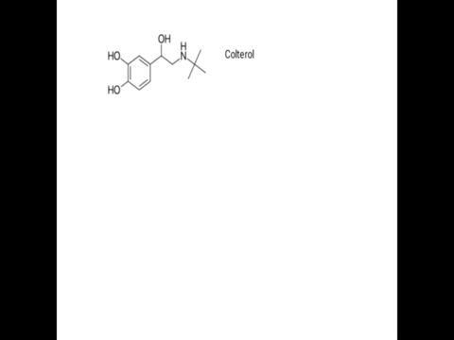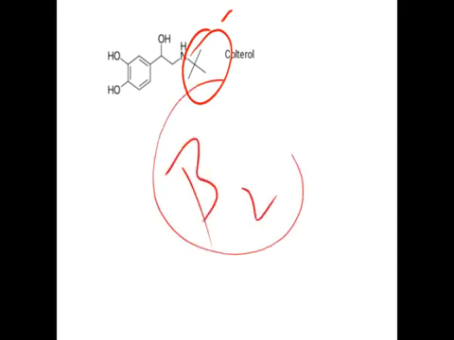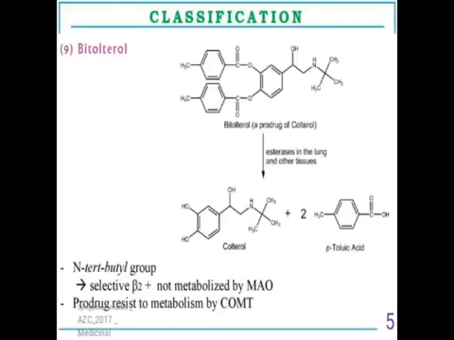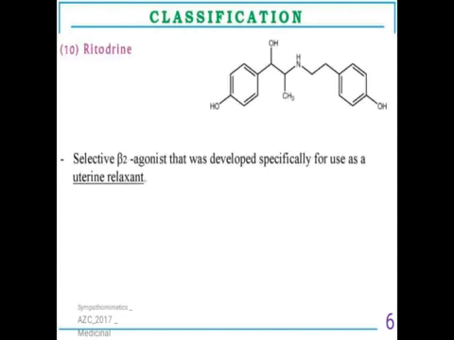This is the structure of colterol. This is the tertiary butyl, so they become beta 2 selective agents, as well as there is no substitution on these alpha carbons. Such modifications in the structure make the drug more selective towards the beta 2 receptor. Then this is the structure of bitolterol.